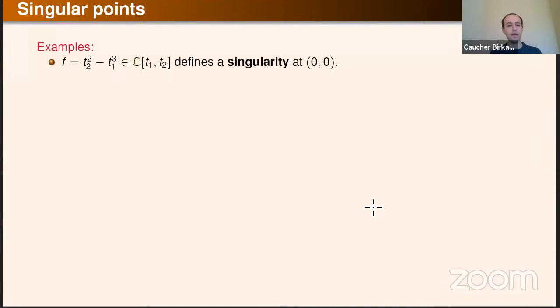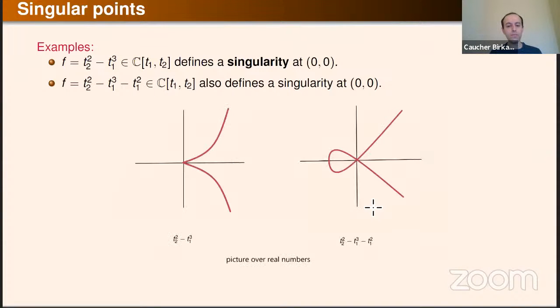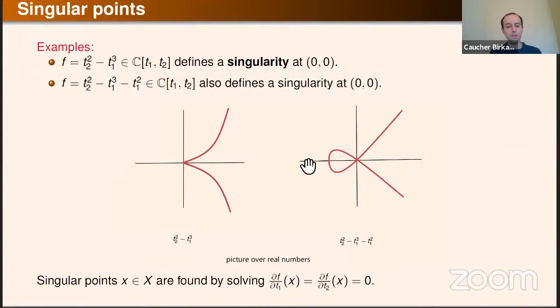I will come back to these points, to singular points. Again, I use the same two equations. And as I said, these two are both singular at the origin. And there is a mathematical reason for this. You can characterize this property of being singular. In this case, it's simply because if you calculate the partial derivatives of this function f, the derivatives in t1 and t2, and see where these derivatives vanish at the same time, you see that that's exactly at the origin.